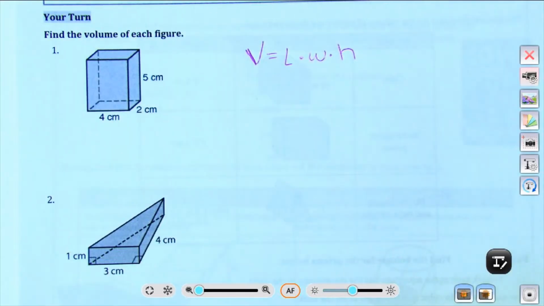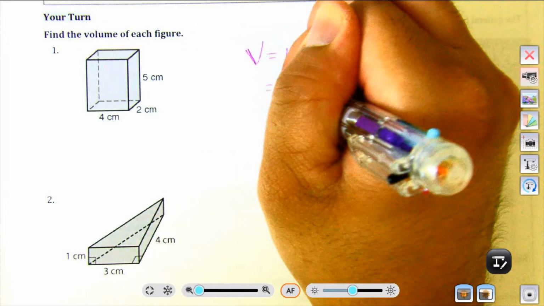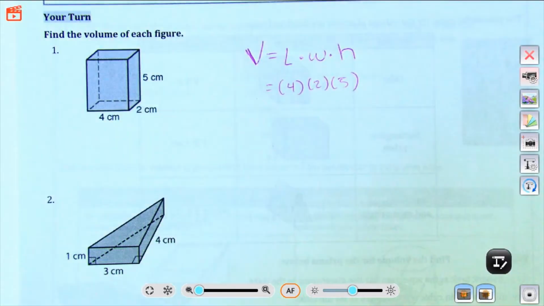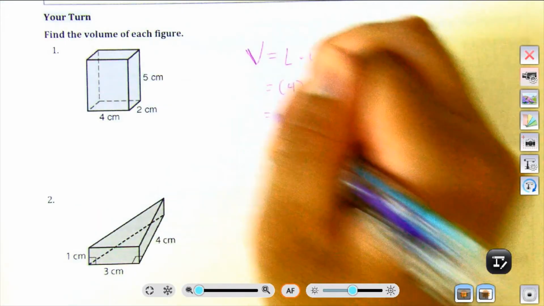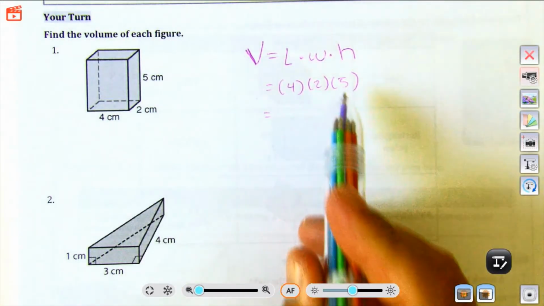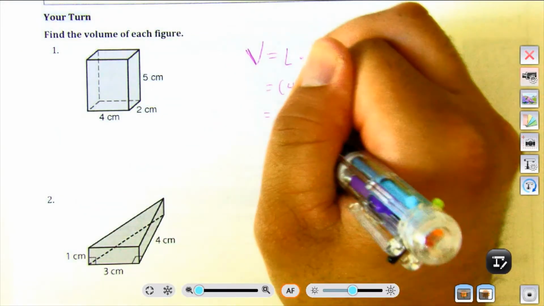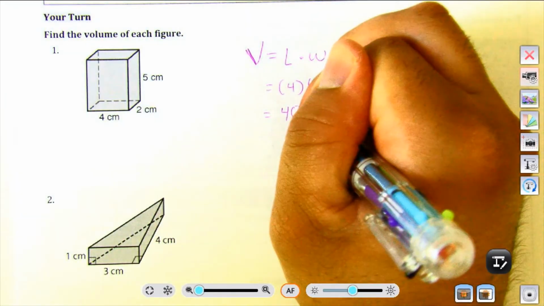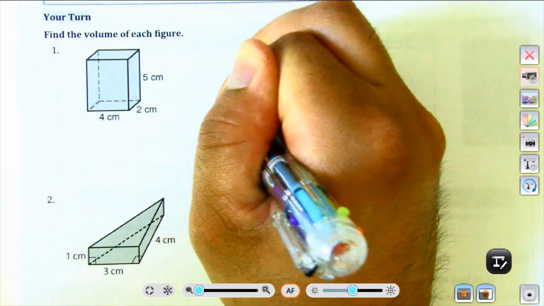I'm going to say the length is 4, the width is 2, and the height is 5. 4 times 2 times 5. Well, 4 times 2 is 8, 8 times 5 is 40. So we end up with 40. Now, because this is centimeters, our answer is going to be cubic centimeters. So volume is equal to 40 cubic centimeters.